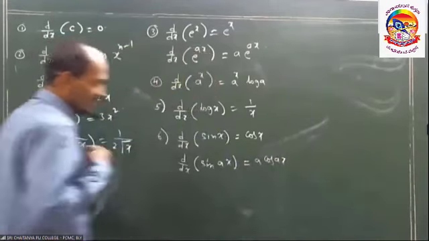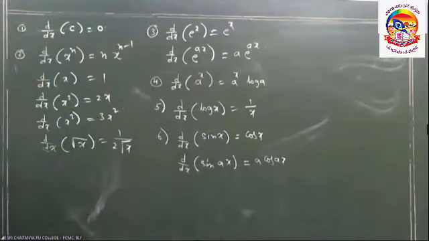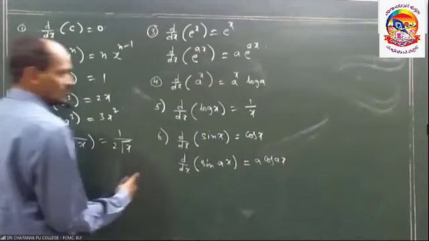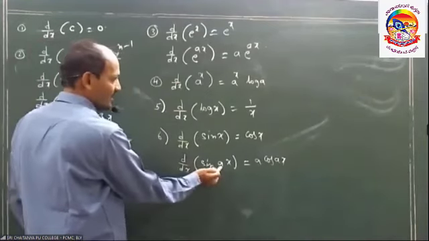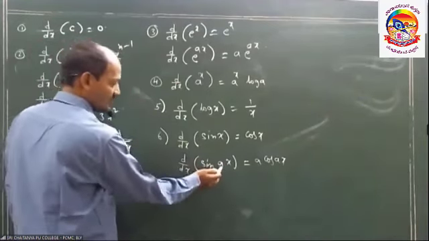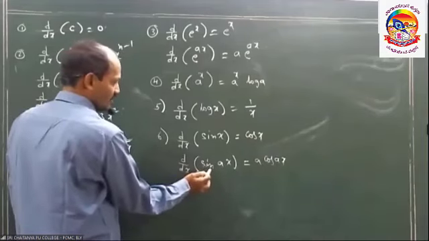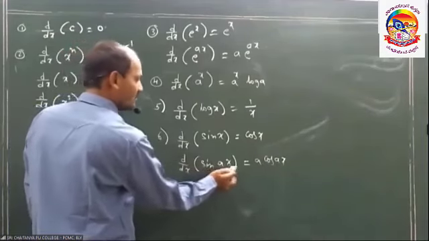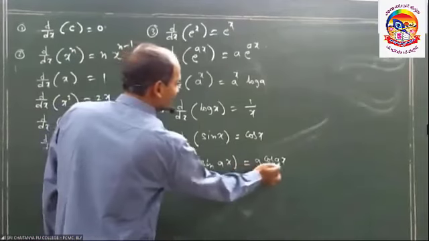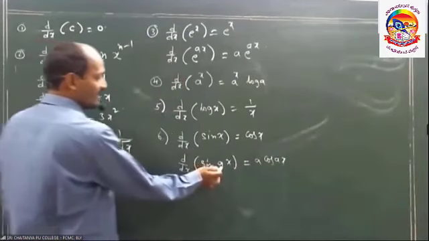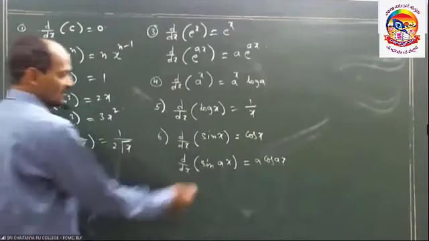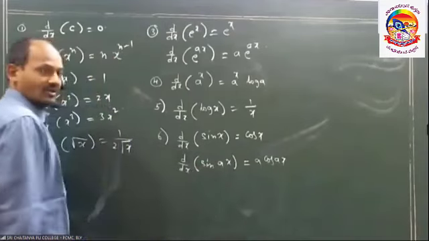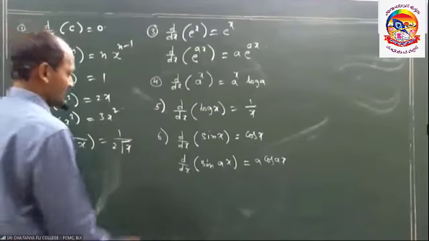Instead of a, any other constant such as 2, 3, 4 and so on. For example, derivative of sin 2x is 2 cos 2x, where instead of a, any other constant k.